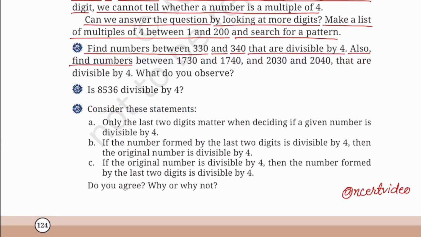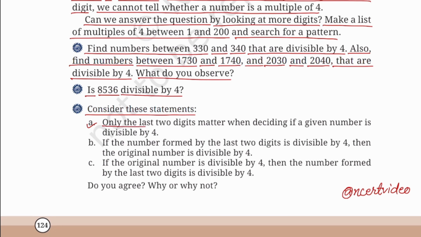Also find numbers between 1730 and 1740 and 2030 and 2040 that are divisible by 4. What do you observe? Is 8536 divisible by 4?